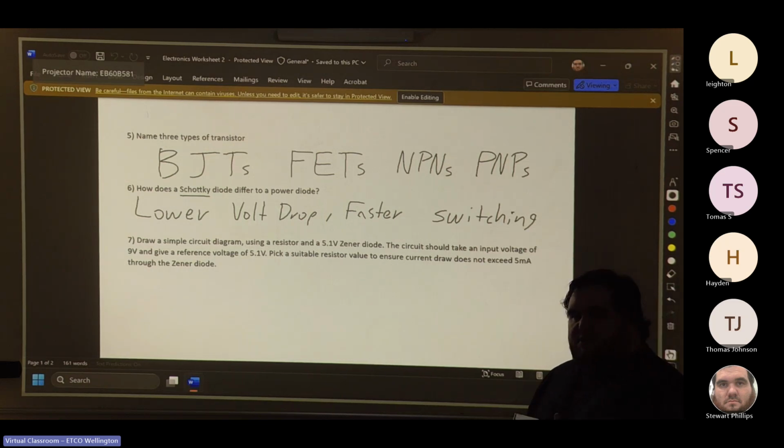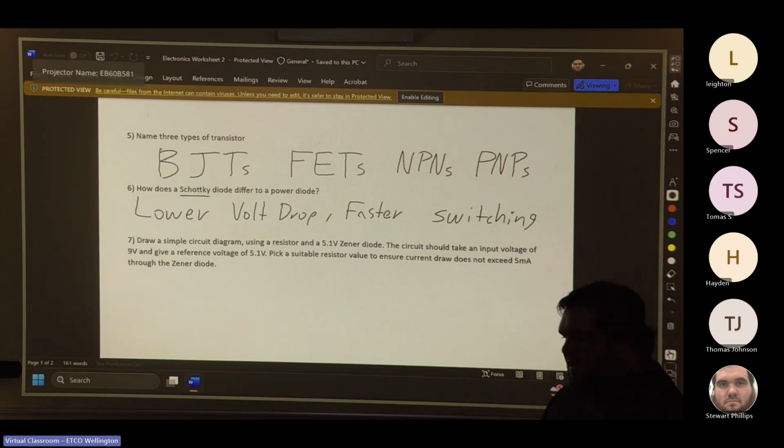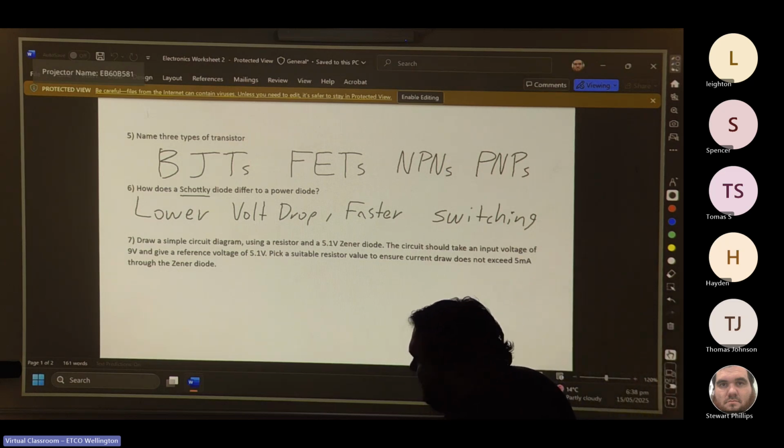So power diodes are used for higher power applications, whereas Schottky diodes are used for a lower volt drop, low power circuits that require faster switching.